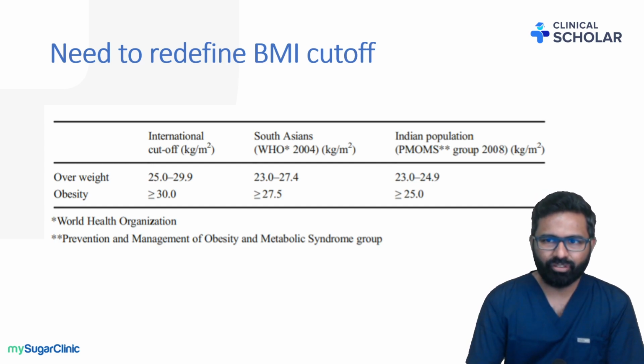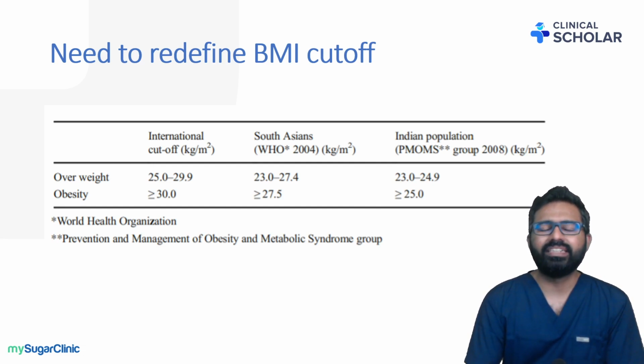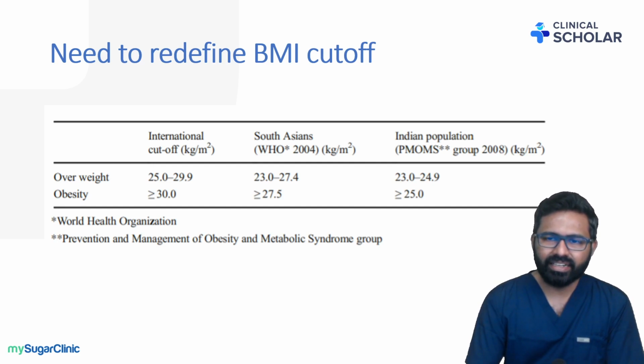But specifically for Indians, even this lower cutoff is not sensitive enough to screen patients who have metabolic syndrome. So the Prevention and Management of Obesity and Metabolic Syndrome Group in 2008 again redefined the cutoff.